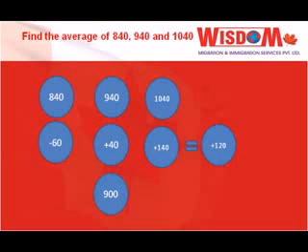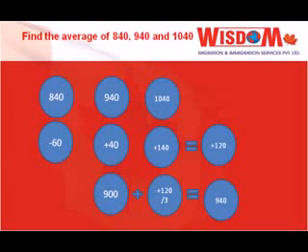Now since this is the total deviation which has to be shared among three members, each member will get positive 120 divided by 3, which is equal to 40. So adding the shared deviation to the number I assumed, the average will come out to be 940.